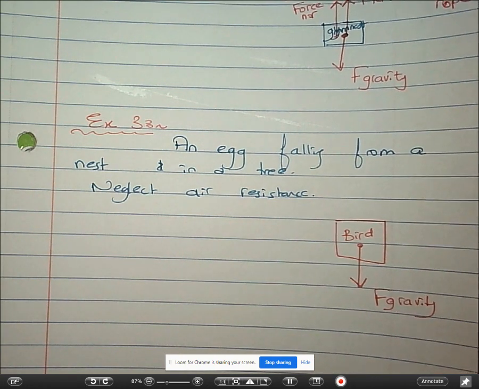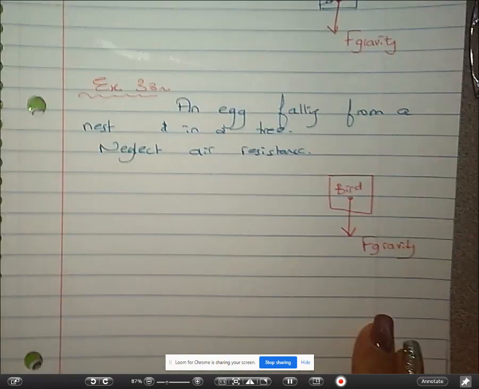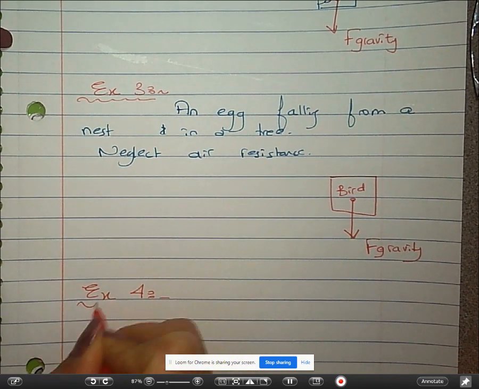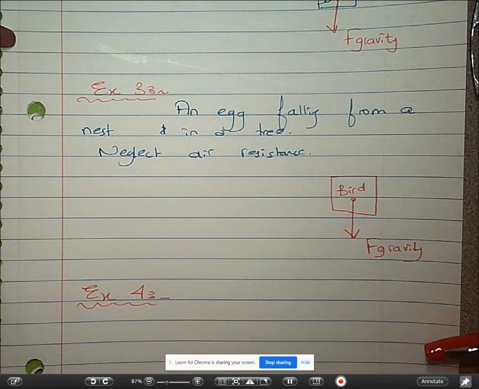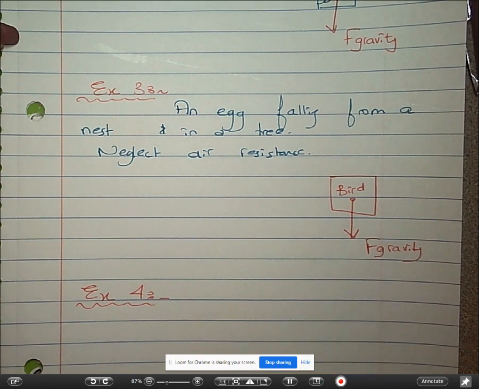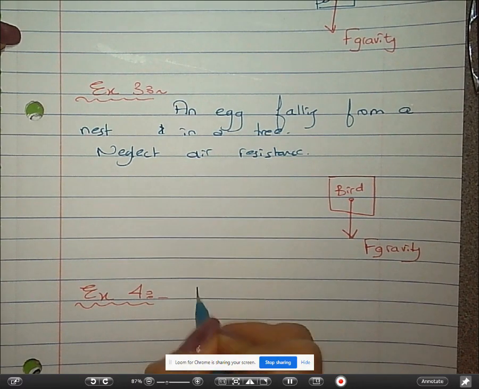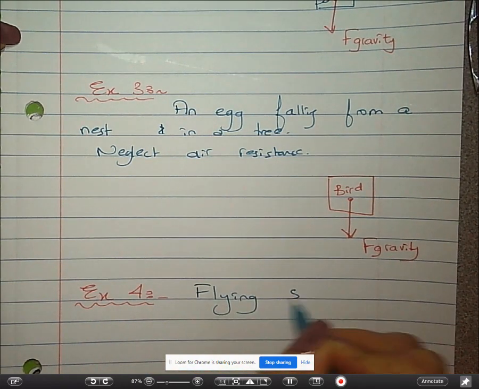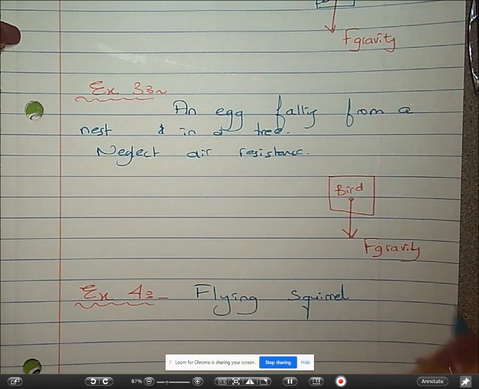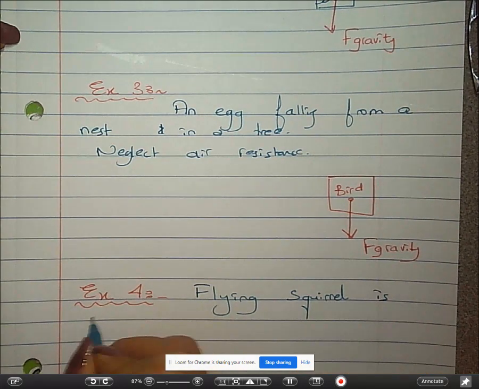Now let's have another example, and that would be example 4. Let's talk about a flying squirrel that is gliding. A flying squirrel from a tree to the ground at a constant velocity. So that's a constant velocity, and I know I'm talking about Newton's first law of motion.